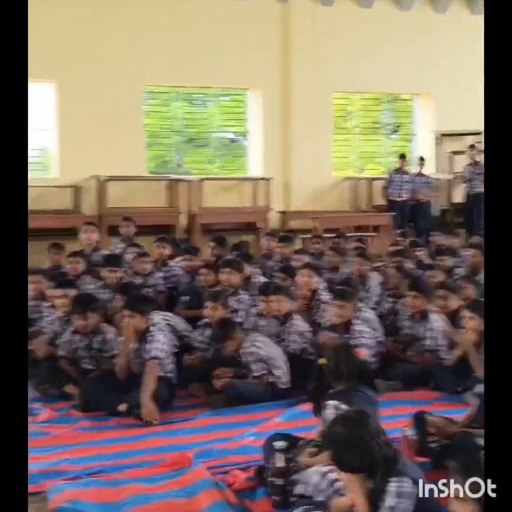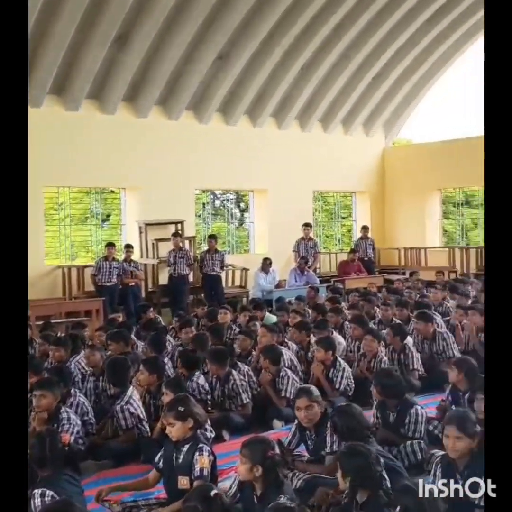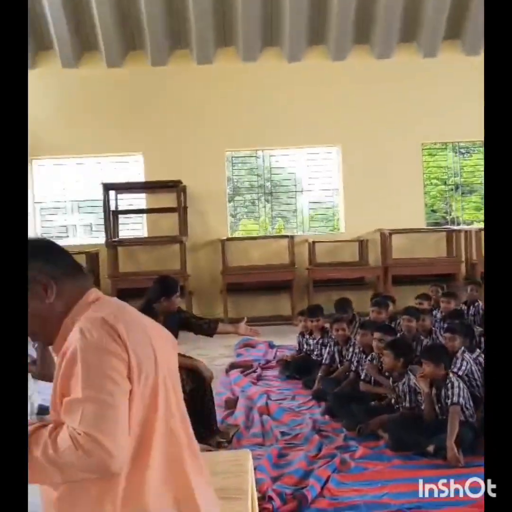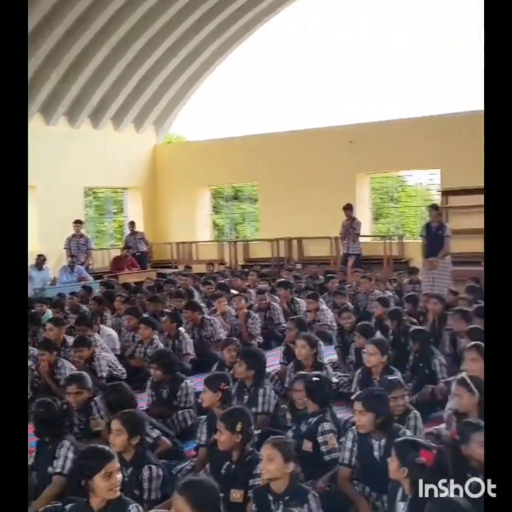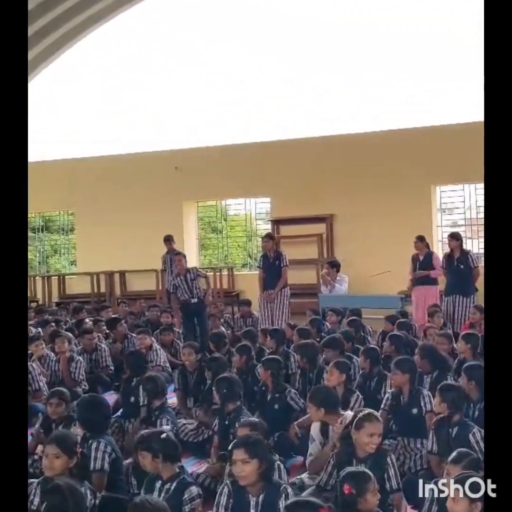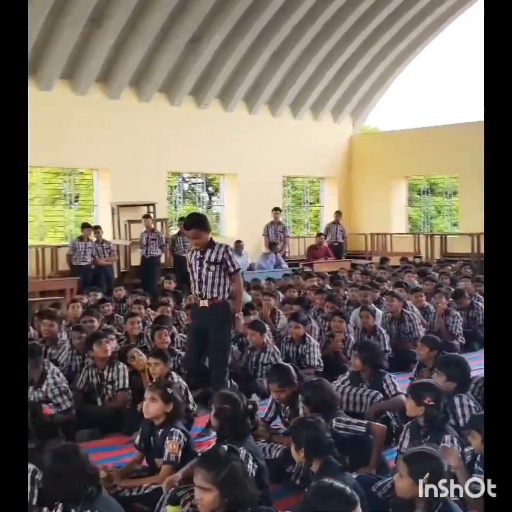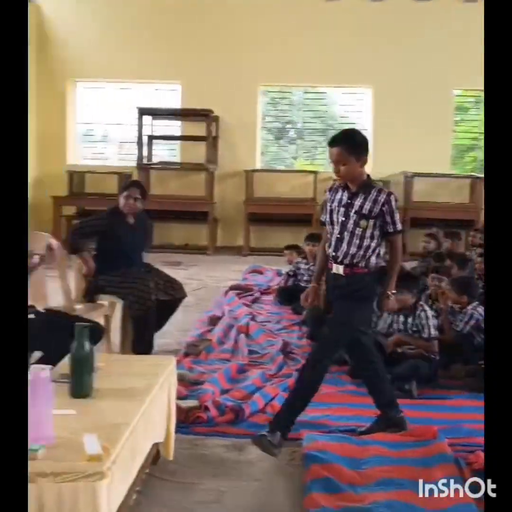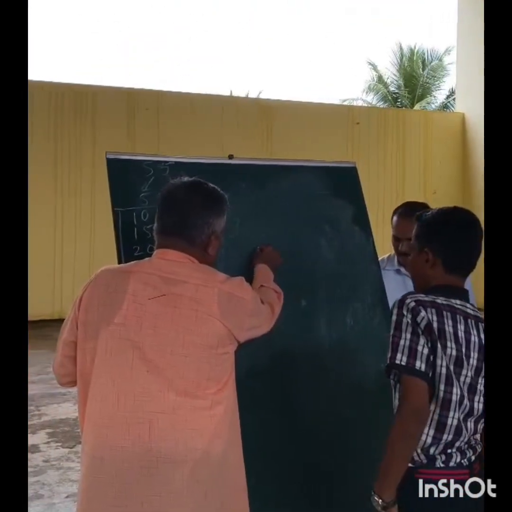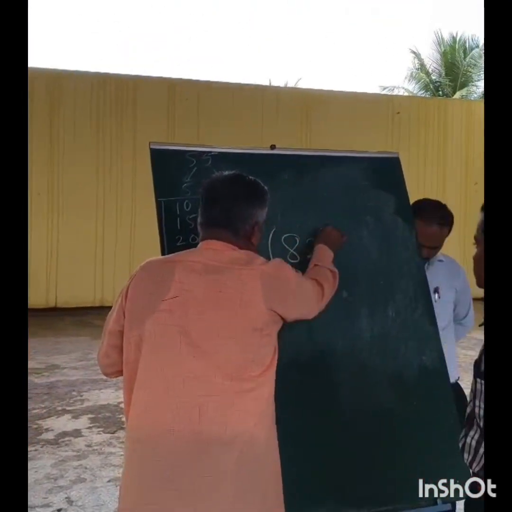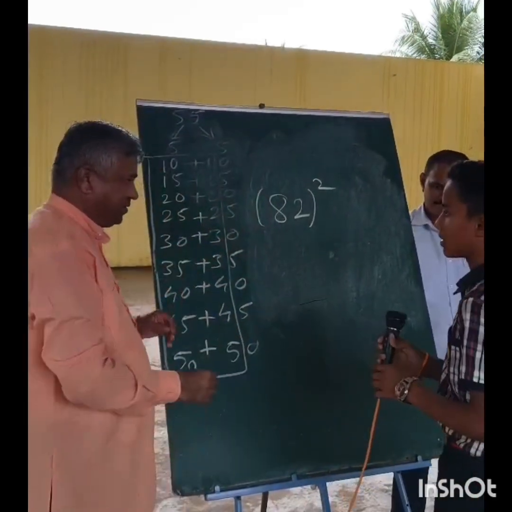Can any boy come here and answer? Yes, please, one boy. Okay, yes, come on. Here, 82, its square. Go on telling, I am writing here.